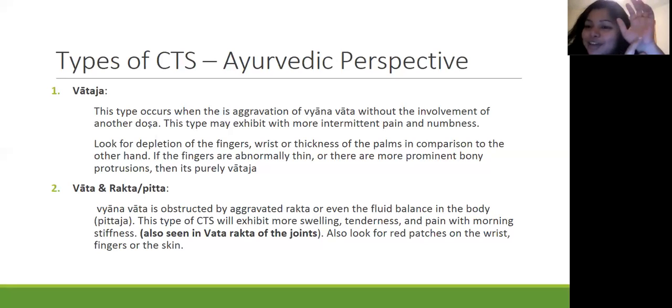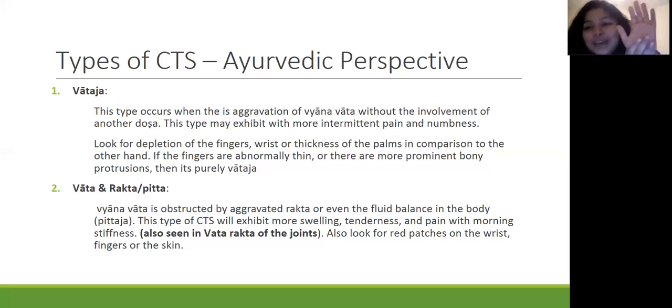Their hands may be blue at the fingers, which indicates a circulation issue, but some people develop a blue patch right here. It tends to look really, really blue, almost like somebody put ice on their hands and they've had it there for a really long time. Look for that, because that again is indicating that it is a Vata condition and Vata is stuck right here.